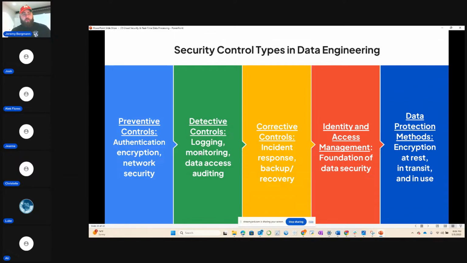You could also do that with network security or information security. And then data access auditing, so continue to make sure the right people are accessing the right data.